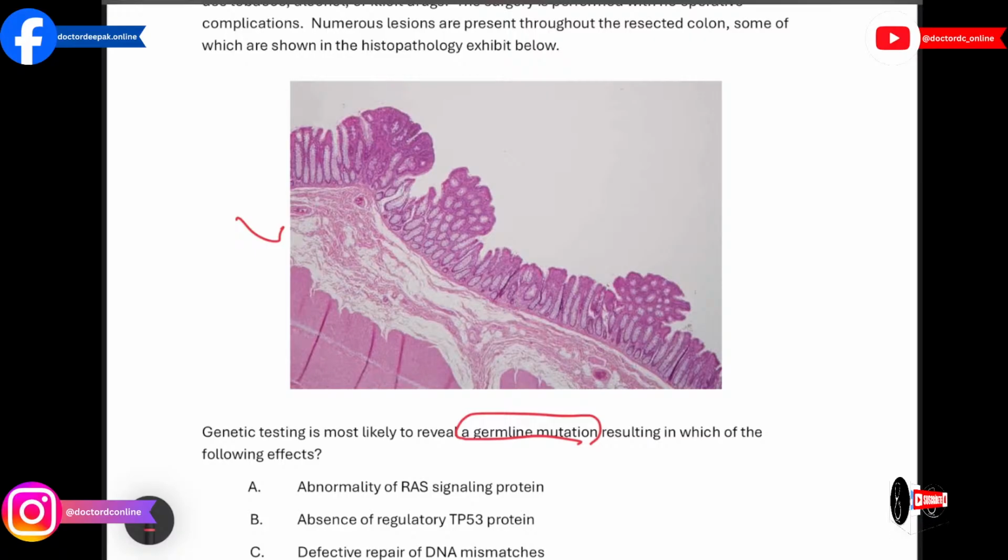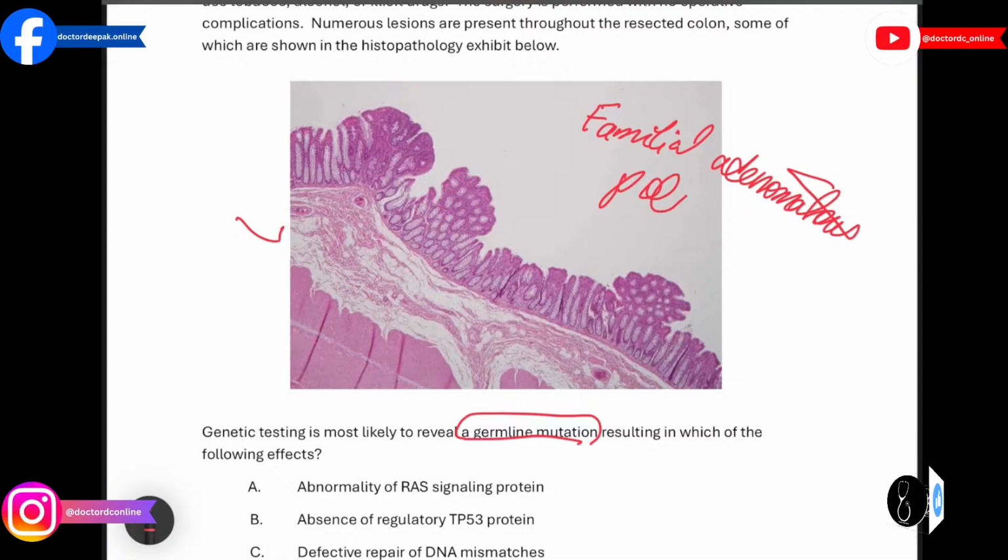That picture belongs to familial adenomatous polyposis.